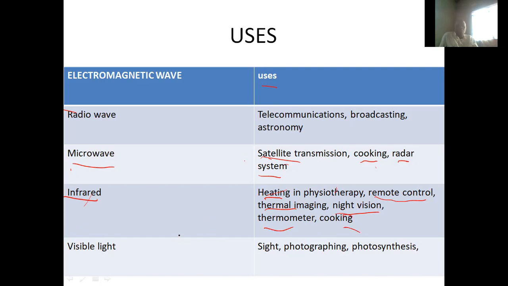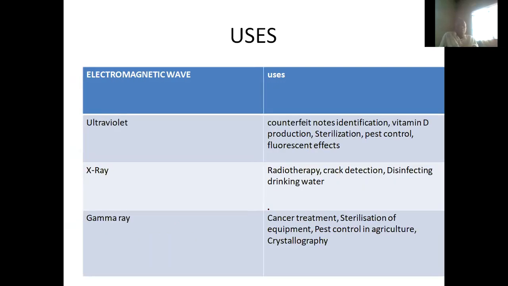While visible light, we use it for sight, photography, also for photosynthesis. Ultraviolet light is used to provide vitamin D production, sterilization, pest control, and fluorescent effects. Actually, if you want vitamin D, you may expose yourself to sunlight, and then vitamin D will be produced.